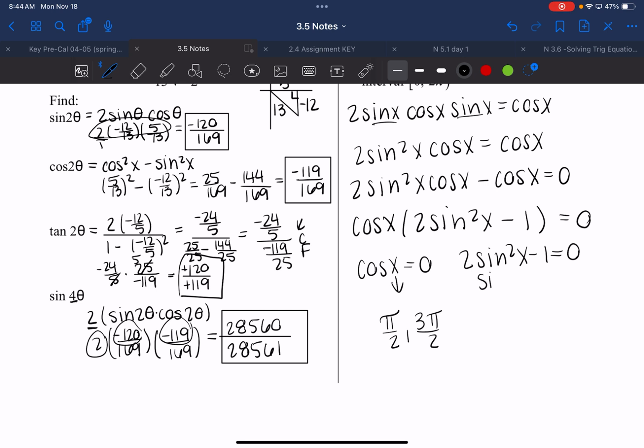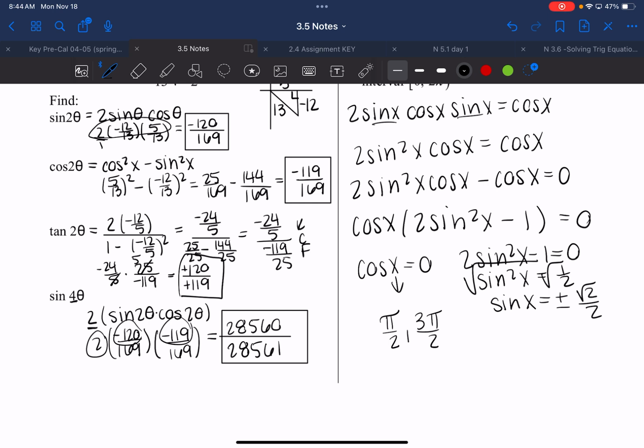So I'll have sine squared of x is equal to 1/2. And then what do we have to do? Take the square root. All right, and we said that the square root of 1 over 2 simplifies down to, right. And we just don't want to forget about that plus minus since we did take a square root. So plus or minus square root of 2 over 2.